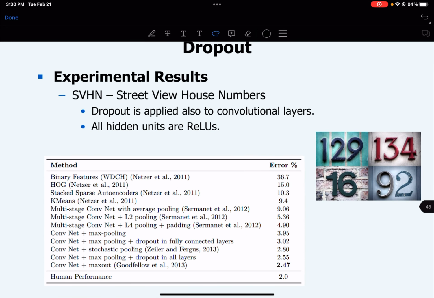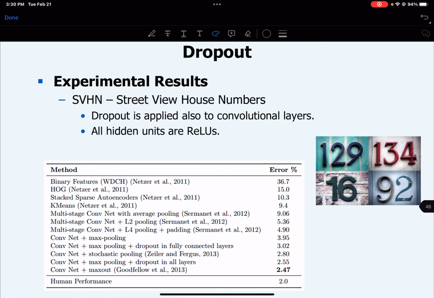And here is an example. Street view house numbers using the concept of dropout on the convolutional neural network, and all the activation functions they are using are ReLU activations. And different papers show their error values, and we can see some of them are using dropout in fully connected layers.